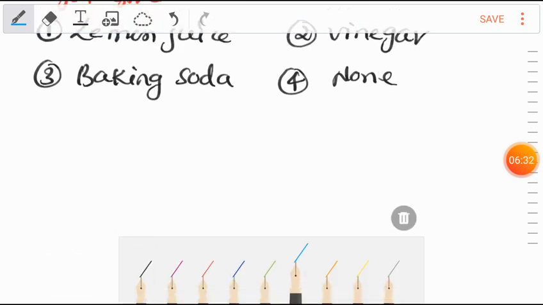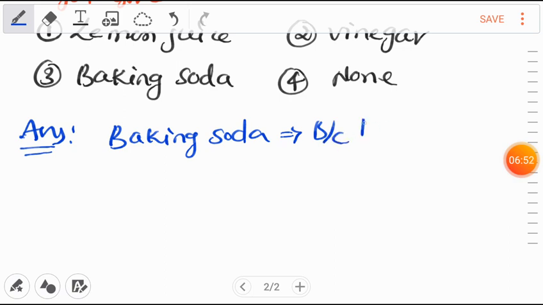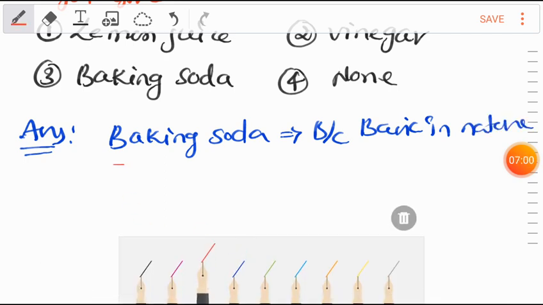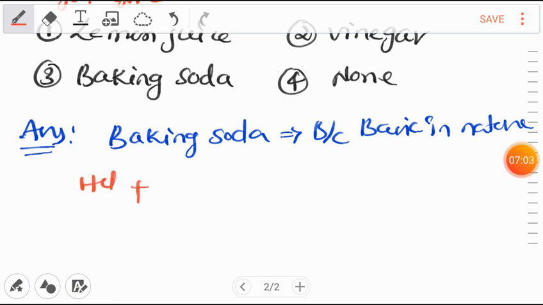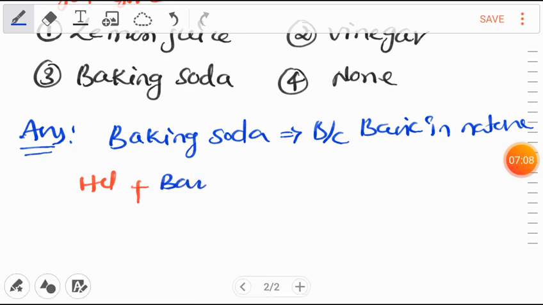Try to think. The answer is baking soda. You mix baking soda into water and drink it. Why? Because baking soda is basic in nature. In our stomach, HCl acid is present, and baking soda is a base.